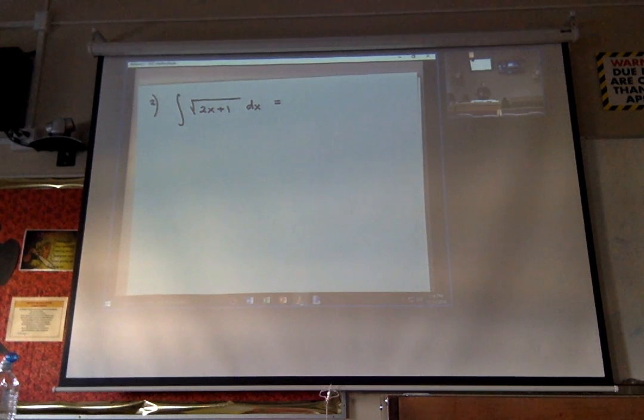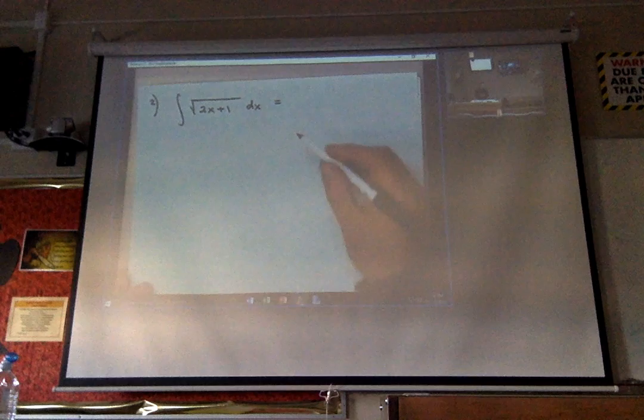But I have square root of 2x plus 1. Many students will change this to the 1 over 2 power and try to go straight to the antiderivative. You cannot, because it's a composition. You have to work with the substitution.